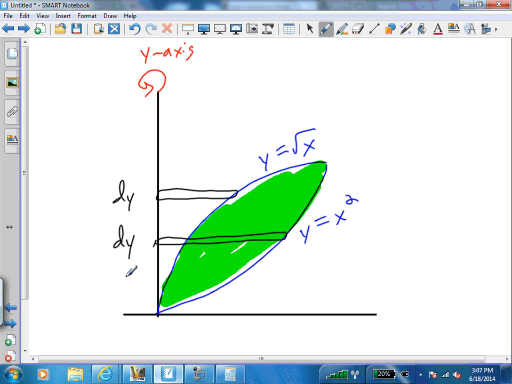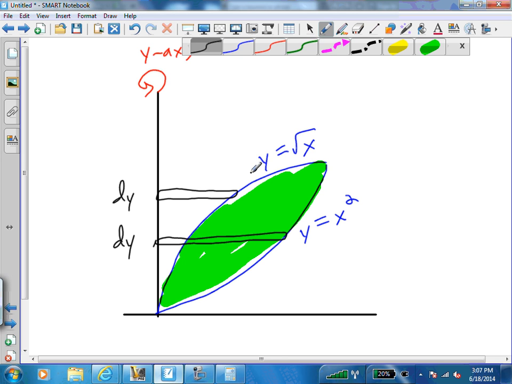So our x here is given by the square root of y. Our x here is given by 0. That's big R, that's little r.